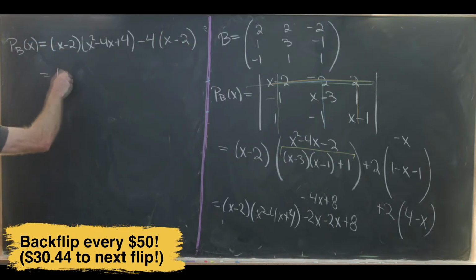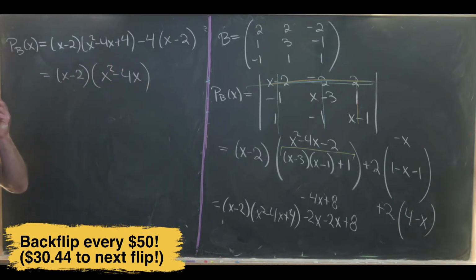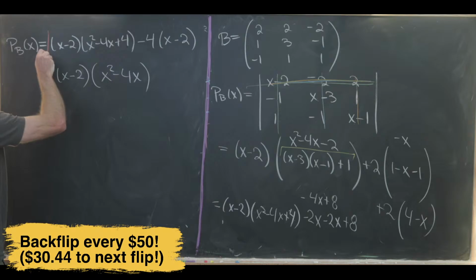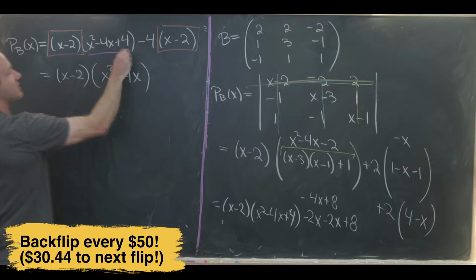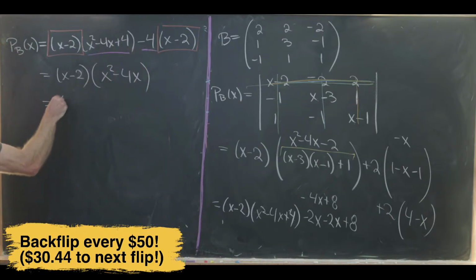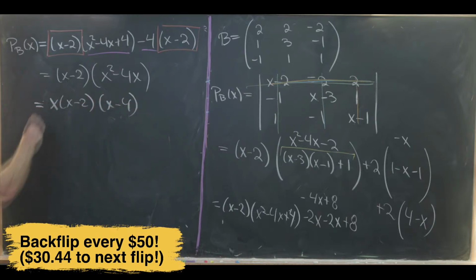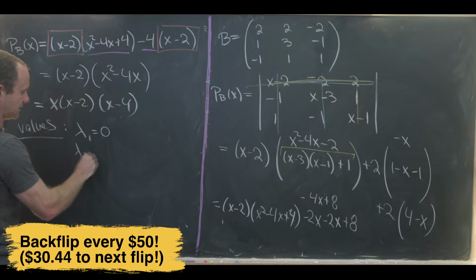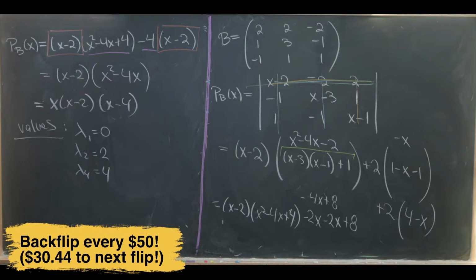That allows me to write this as x minus 2, and then x squared minus 4x. Notice that the minus 4 cancels with this 4. We're factoring out this whole x minus 2, which means we just need to take the difference of these two things. So this gives us x minus 2, x minus 4 times x. So that means our eigenvalues are lambda 1 is 0, lambda 2 is 2, lambda 3 is 4. So something like that.